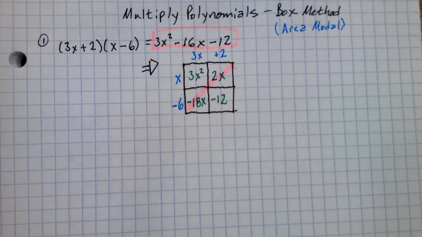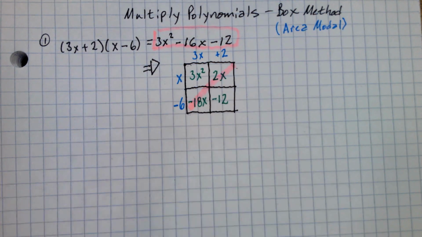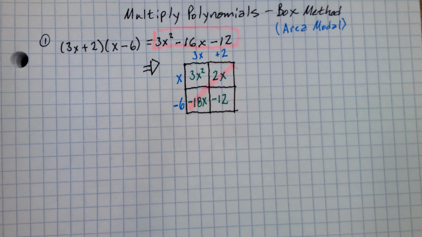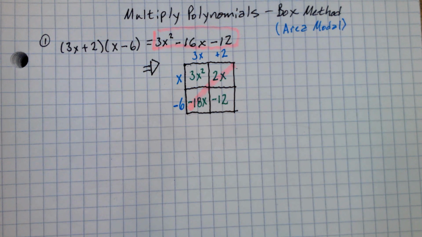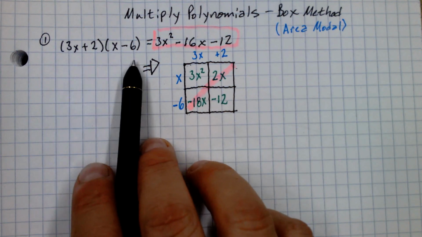So you multiply two binomials, and almost always they're going to give you a trinomial. Okay? Any questions? Now things get a little more interesting when we have something other than just binomials.